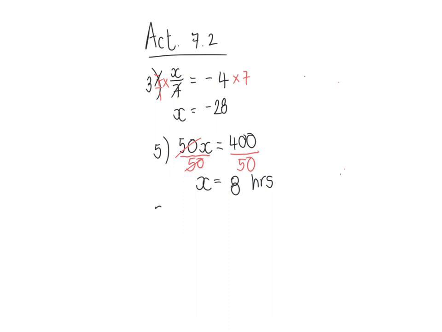The population of South Africa in 2008 was triple the population in 1960. If the population in 2008 was 48 million people, write and solve, once again, an equation to help you find the population in 1960. So triple means 3 times.